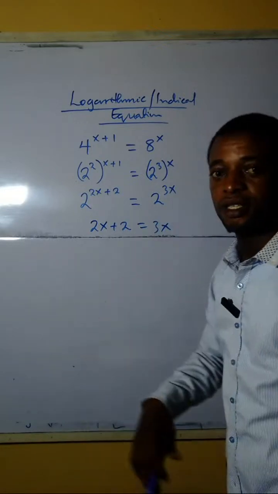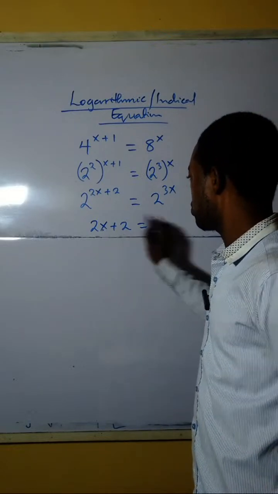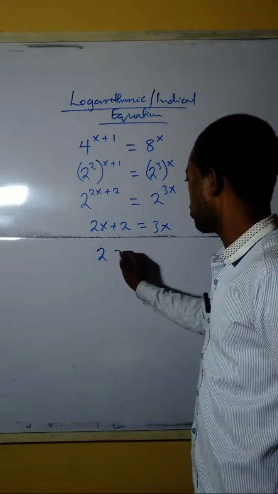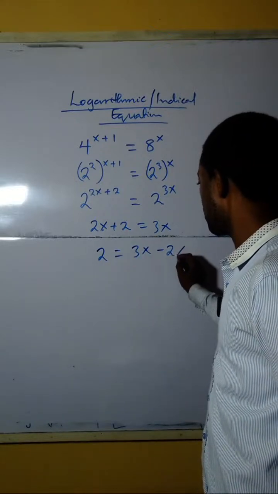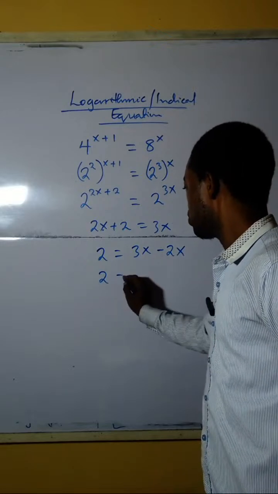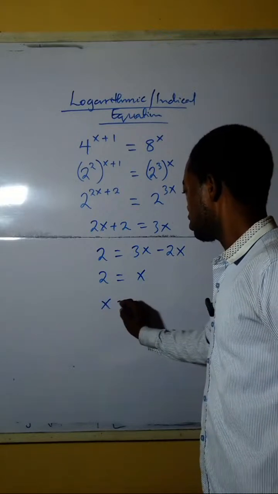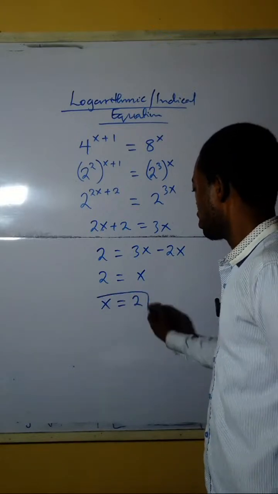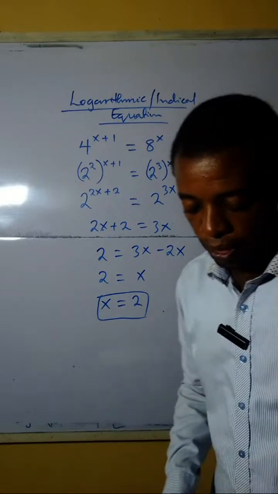Now bring the like terms to one side. We can take 2x here, leave 2 here. 2x becomes minus 2x, and we have 2 equals 3x minus 2x, that's x, which is the same thing as x equals 2. So here we have the value of x in this problem as 2.